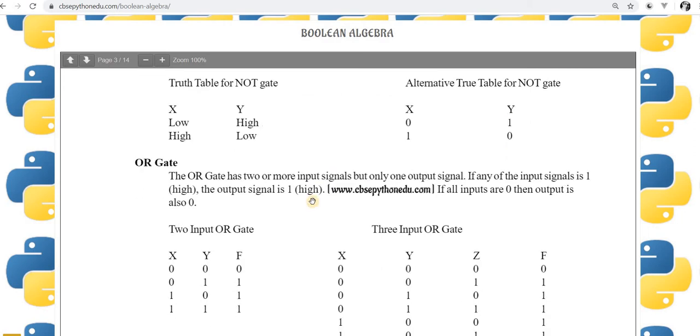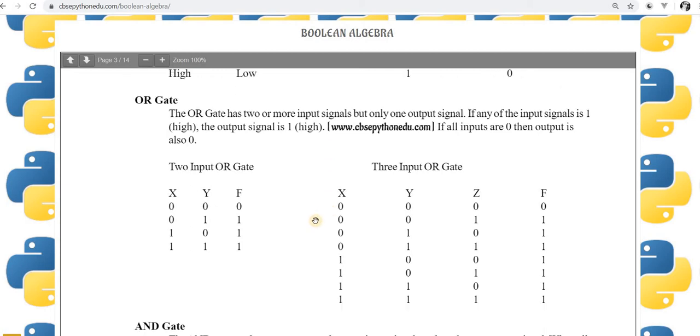Okay, next one is OR gate. I discussed this OR operator in my last video, that it is logical addition. It is logical addition. Now it implies in this gate also, and here you can work with more than one input.